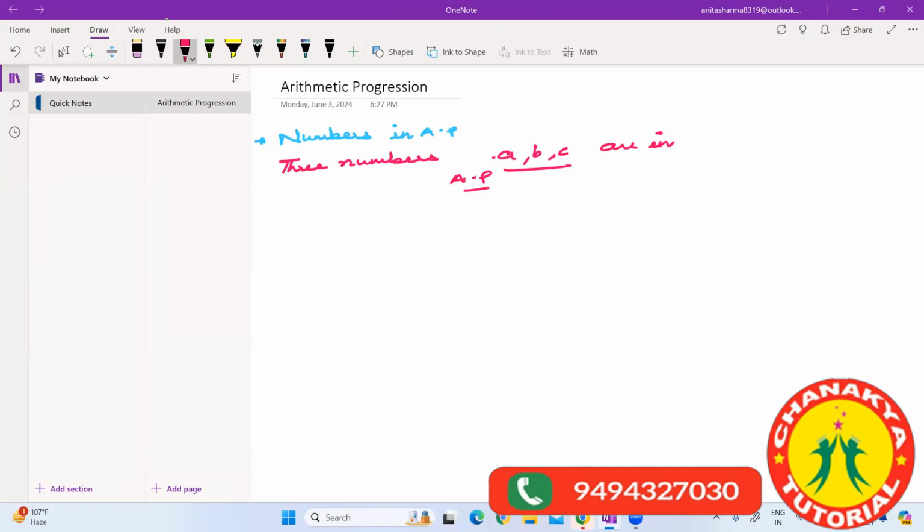It means their common difference will remain the same, right? So B minus A, second term minus first term, and C minus B, third term minus second term, will remain the same.